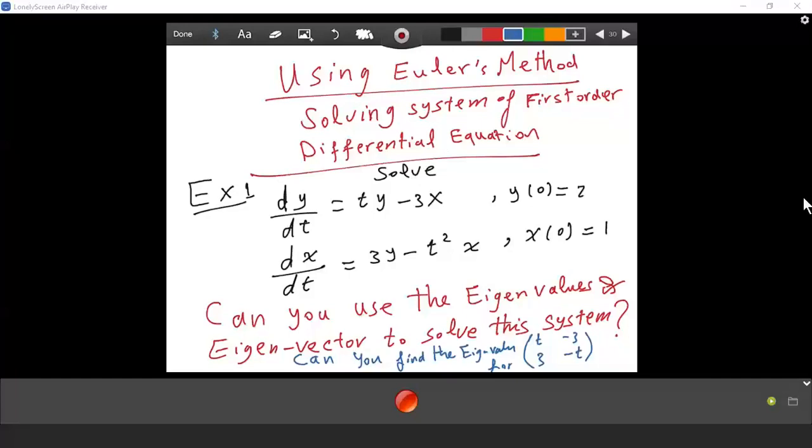Can you use the eigenvalues and the eigenvectors to solve this system? Most of you say yes. And when I ask what is your coefficient matrix, you agree that it is t minus 3, t and minus t squared. Sorry, I forgot the square here. Can you find the eigenvalues and eigenvectors of this one? Of course not, because this is not a constant.